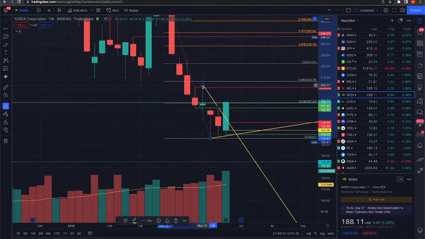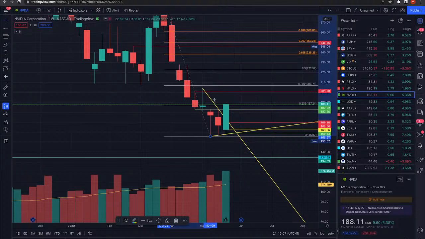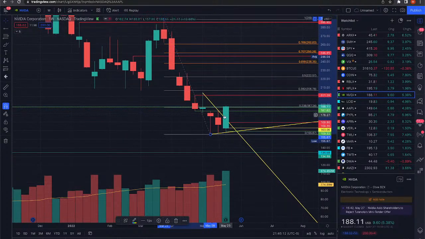Unless you're counting this as a bounce, which doesn't really look that much like a bounce. It was a bounce attempt, but a weak one. But in any case, we'll still try to catch this up to the 38%, which is like 206. It definitely can get to 200 because it's already 188, right? So that's kind of an easy play right there on NVDA.